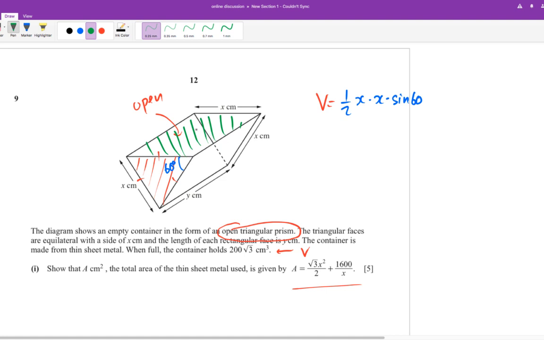I mean the surface area is empty. Because the question say open triangular prism. So because of this one, you shouldn't add the triangle on the top here. Okay, this is something you always need to be very careful when you read it.